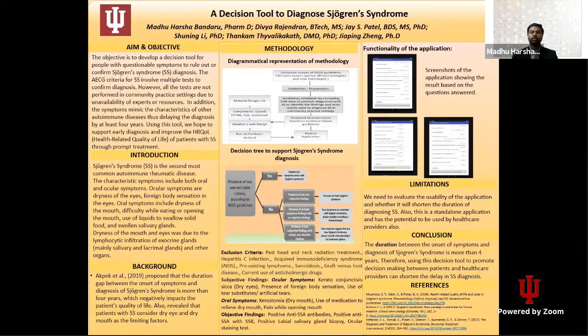Patients with Sjogren's syndrome have a 16-fold increase in developing life-threatening lymphomas. Lymphoma is a type of cancer of lymphocytes. And that's it.